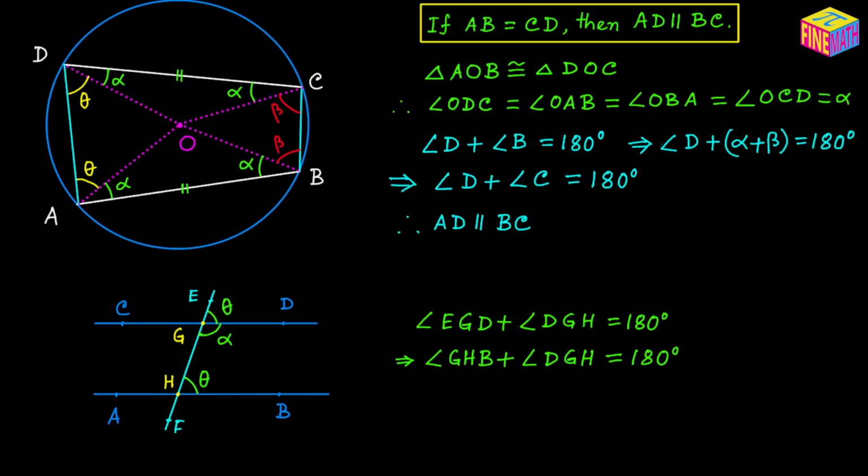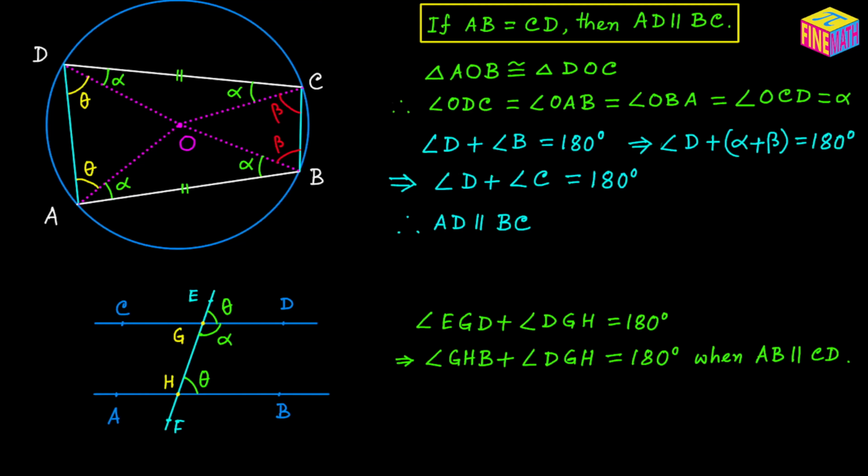So in place of EGD, I have written angle GHB, and then in place of DGH, I have kept it as is. So angle GHB plus angle DGH is equal to 180 degree, and that is the case when AB is parallel to CD. So you can see that the sum of the two interior angles on the same side of the transversal between two parallel lines is actually equal to 180 degree.